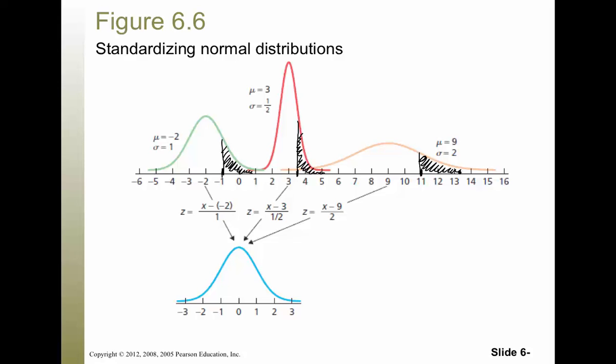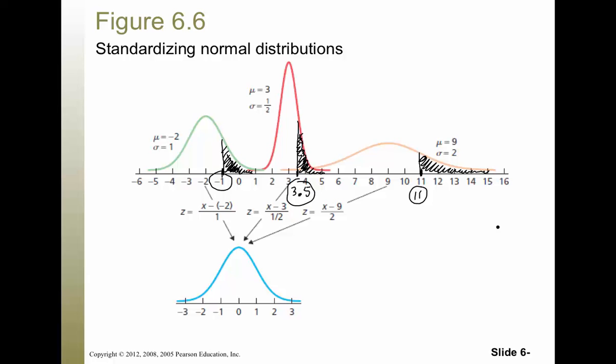Which area is the greatest? So -1 is 1 standard deviation above its mean. 3.5 is 1 standard deviation above its mean. And 11 is 1 standard deviation above its mean.